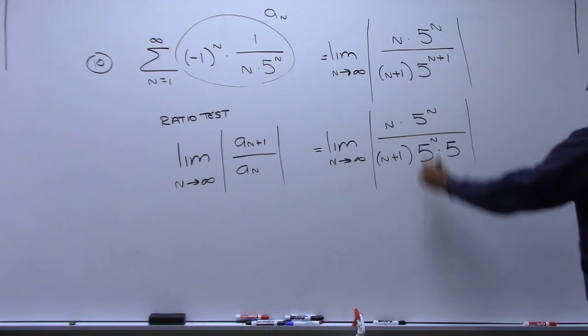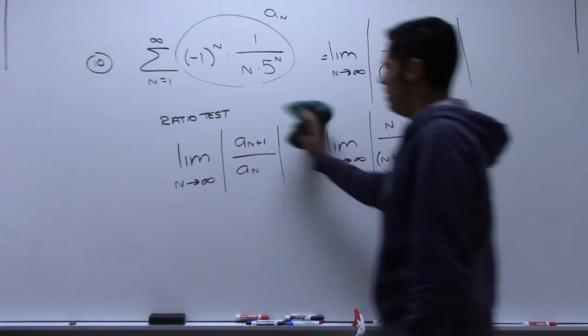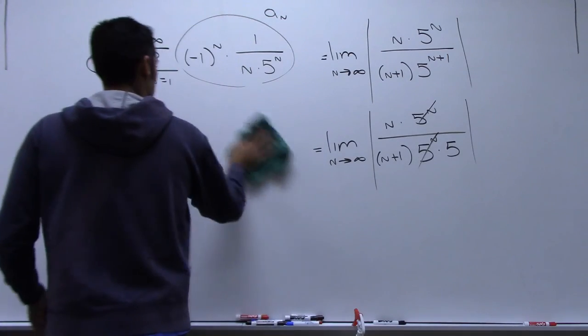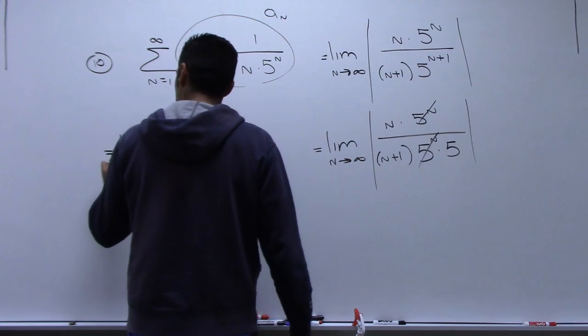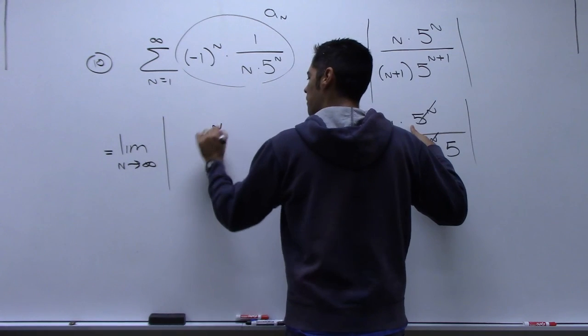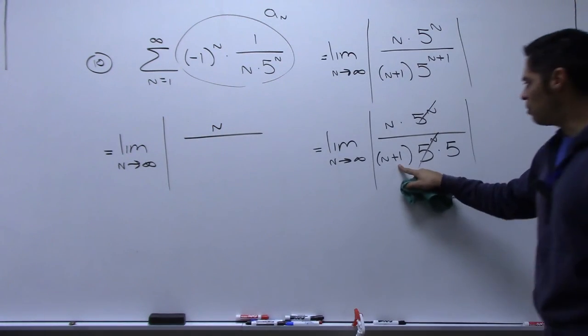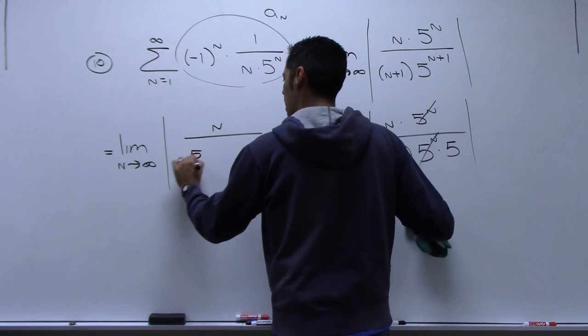And that's a great thing, because these 5 to the n's will cancel. And so that becomes the limit as n goes to infinity of, let's see, I have an n on top. On the bottom, I have an n plus 1 times 5. I can distribute the 5 through there, 5n plus 5.